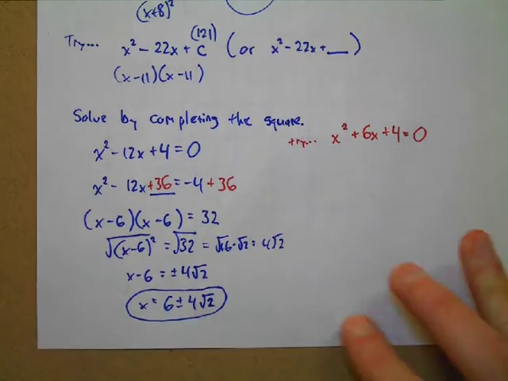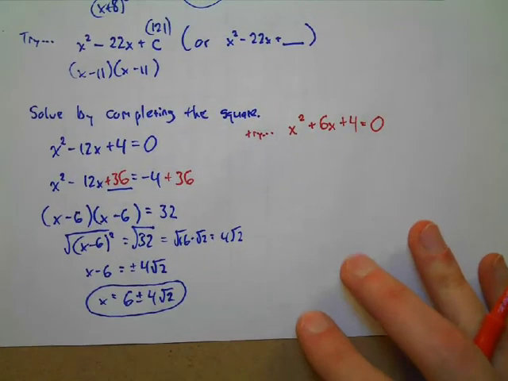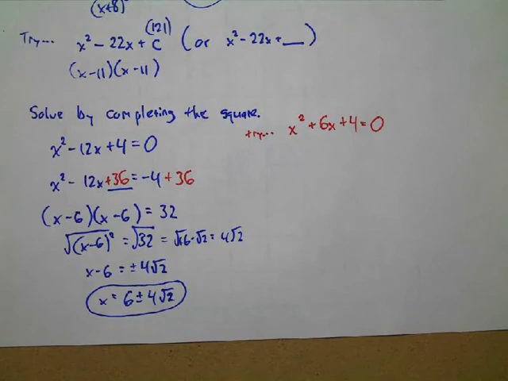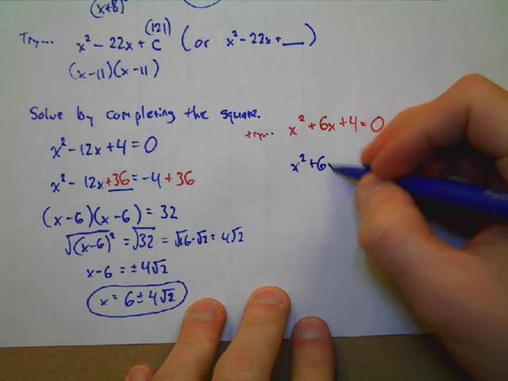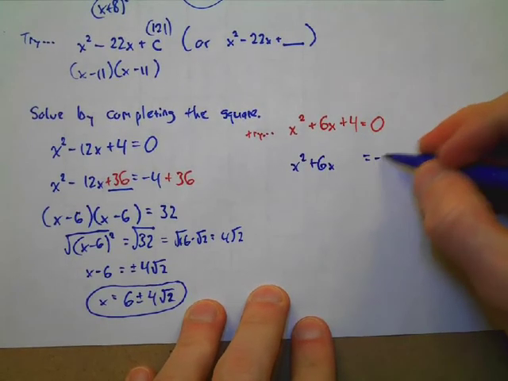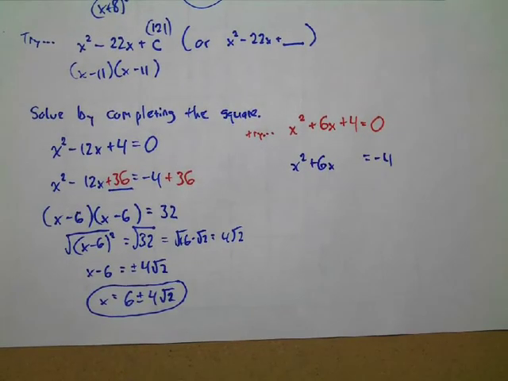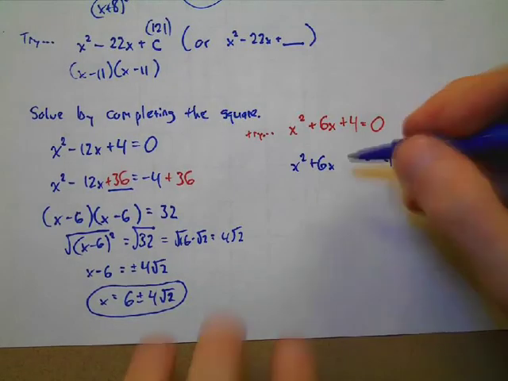Okay, you guys go ahead and try that one: x squared plus 6x plus 4 equals 0. And just remember, to get this started, move that c value over, so we'll get equals negative 4 over there. And then fill in that blank.